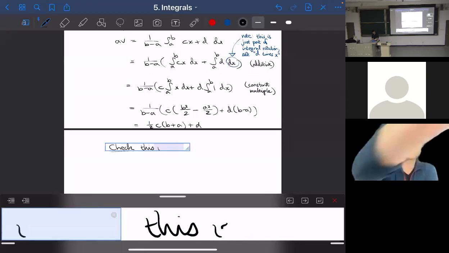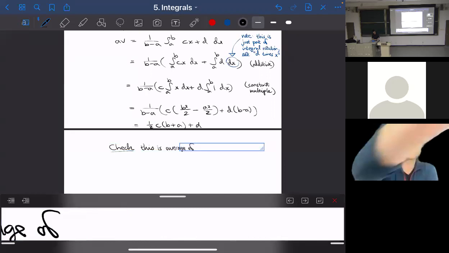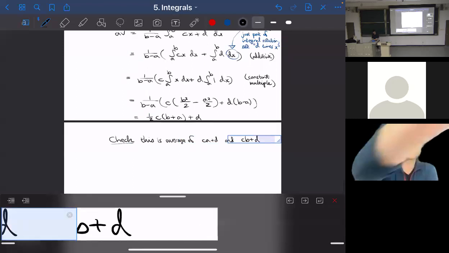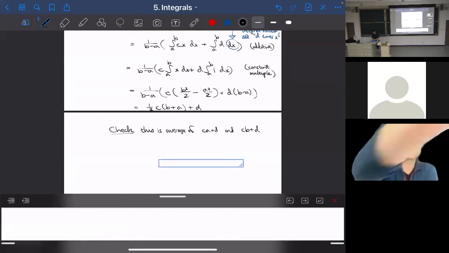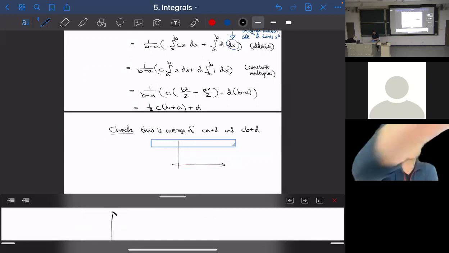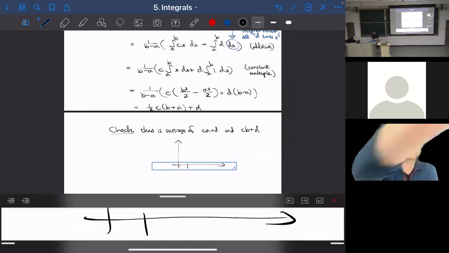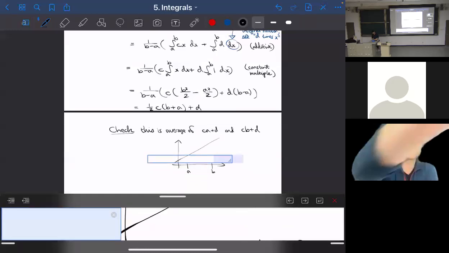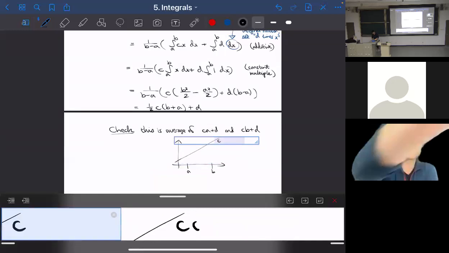This is the average of cA plus d and cB plus d. So I'm going to draw a graph to show why that makes sense. Say our interval is between a and b, and our graph is cx plus d.